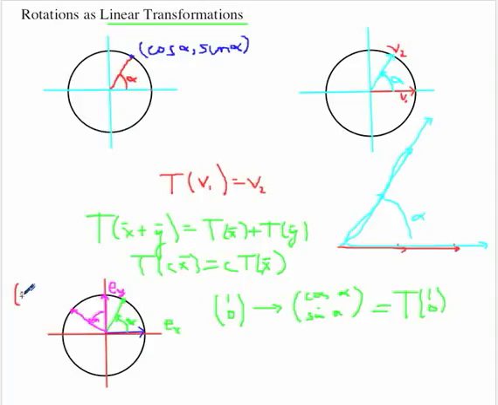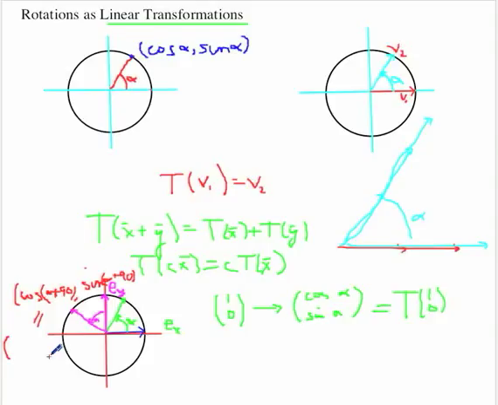So it's really the cosine of alpha plus 90 degrees, and the y-coordinate is then the sine of alpha plus 90 degrees. But what that is equal to is just a phase shift on the cosine and sine.